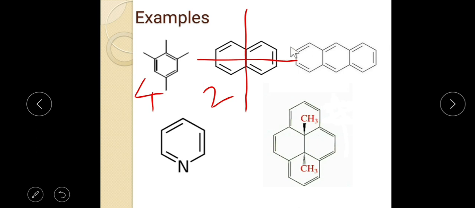How about anthracene? Let's draw a plane for the anthracene. The plane will pass through this one and then this. Any other possibility? No. That means all the 4 quarters are similar to each other. So among these 4, we need to consider only one part, because all 3 other parts are similar to the 1 quarter. So how many protons on the axis and how many protons inside this part?